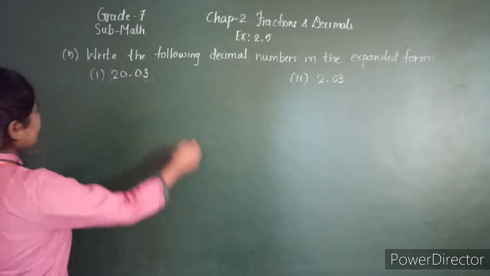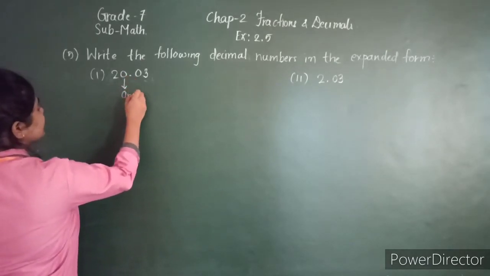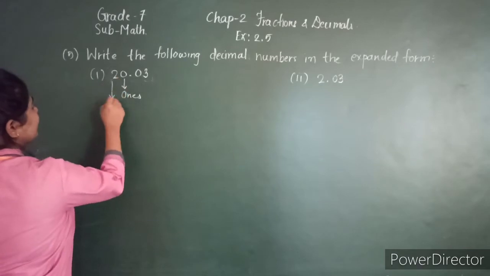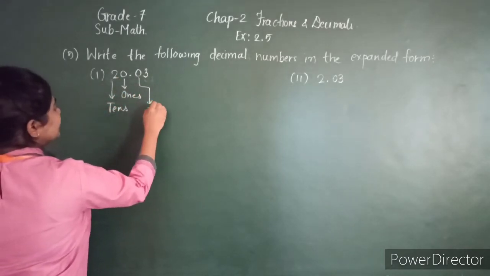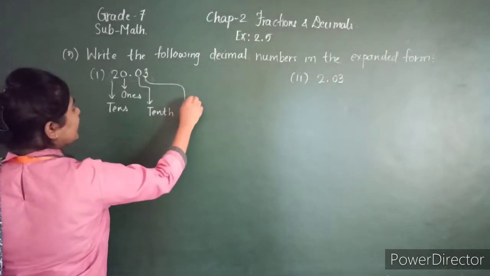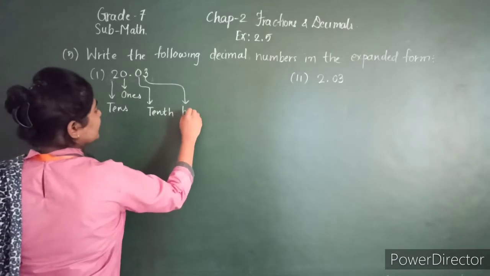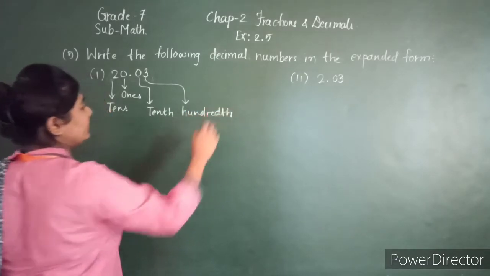So it is 20.03. First of all let's count the place from here. This is the 1's digit, this is the 10's digit. This is the 10th place and this is the 100th place.